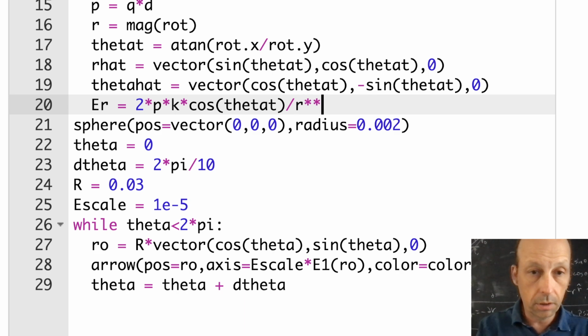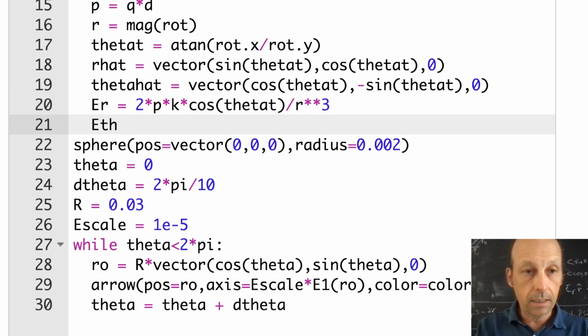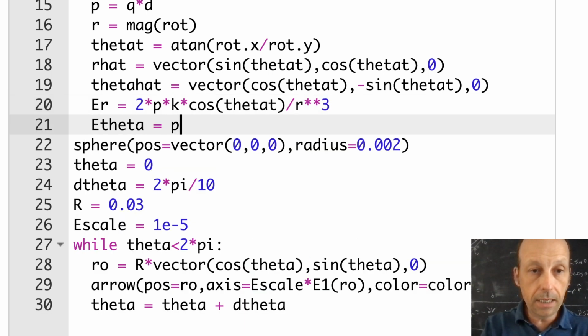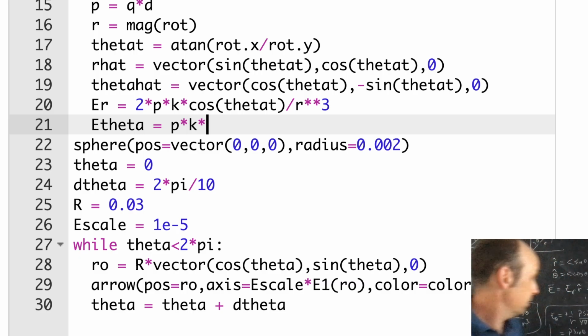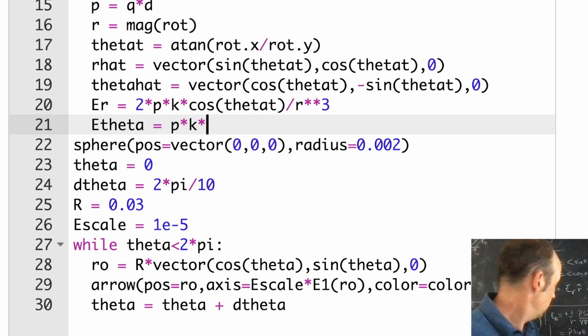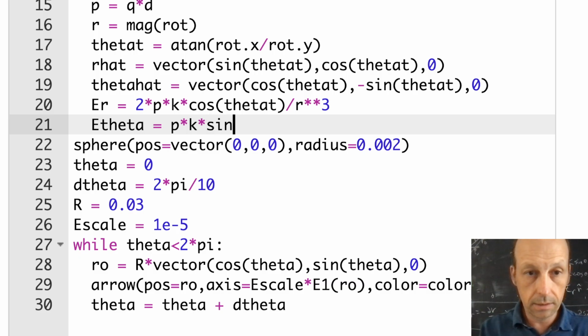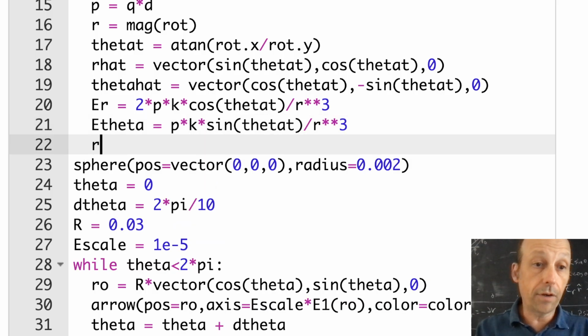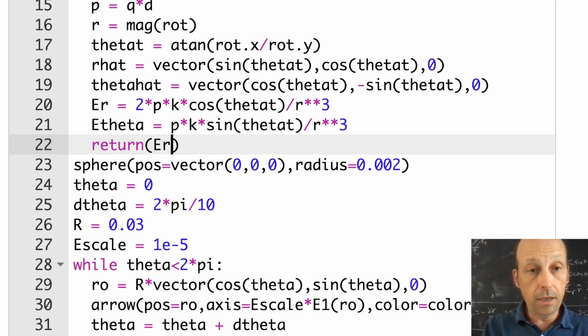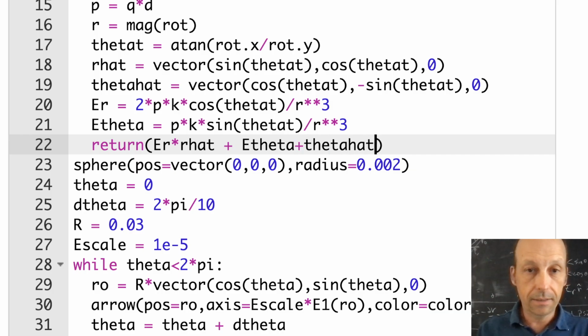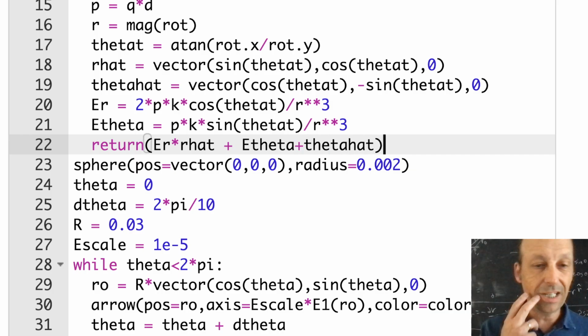And then E theta is going to be equal to p times k times sine theta divided by r cubed. And then I'm going to return the vector E_r times r hat, which is a vector, plus E theta times theta hat. And it's done. I should test that, shouldn't I? No, I'm not going to. I'm just going to do it.